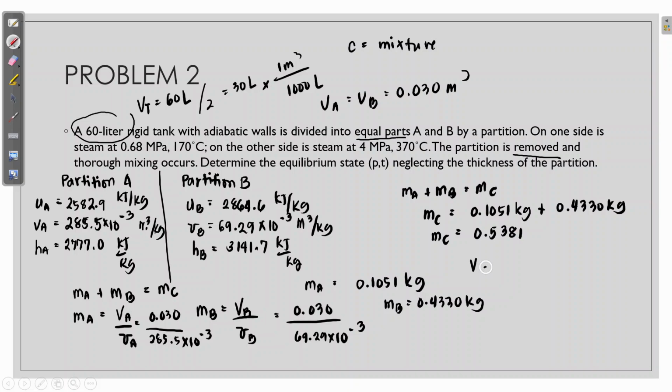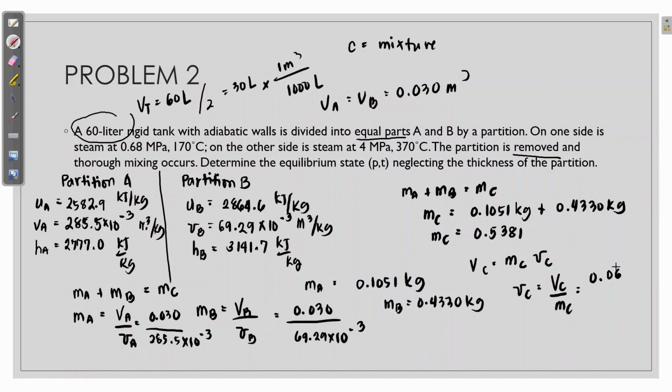At ang total volume natin is pwede nating makuha sa MC specific volume C, di ba? So makukuha na natin yung specific volume nito, which is VC over MC. So, VC natin ay 0.06. Okay? Kasi 60 liters.